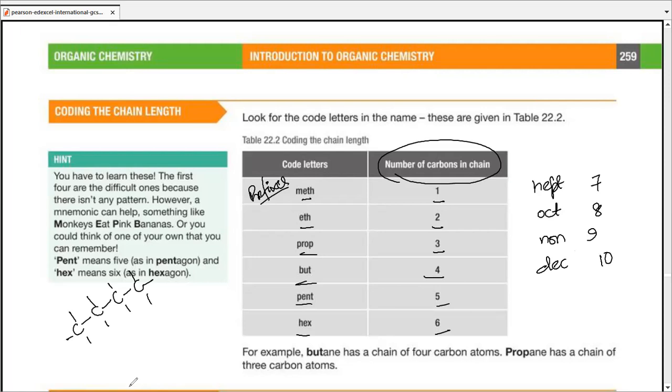Since we're going to go as high as 10, even at this IGCSE level, I ask my students to go a little extra mile, and instead of just the first six code letters, let's go with the first 10. We're going to use them later anyhow.